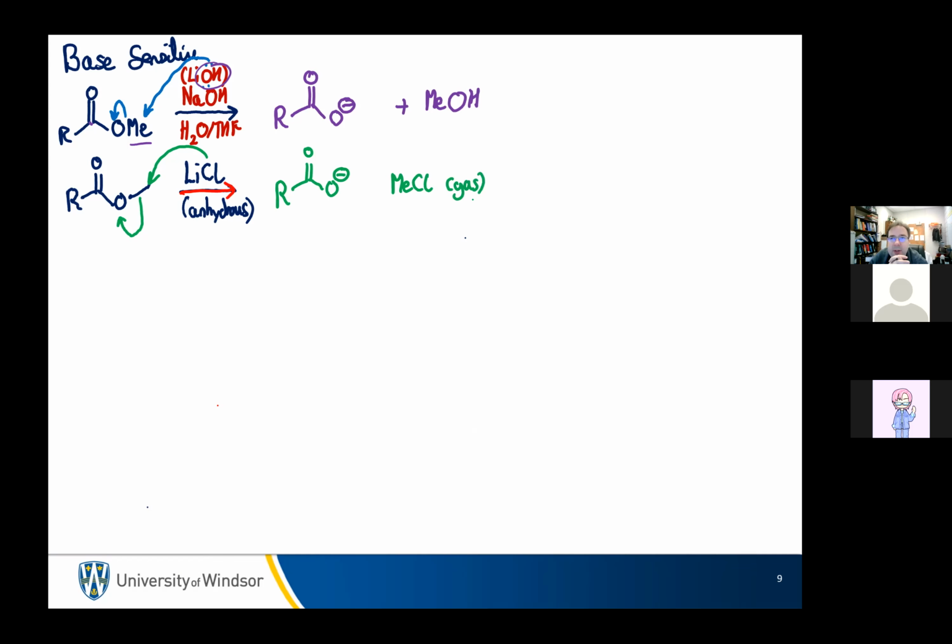So we have this gentler way of deprotecting it. I think the reason you need to drive off all the water is because the water makes hydrogen bonds with the chloride, and that attenuates its reactivity enough that it no longer reacts because it's pretty happy hydrogen bonded. So you need to make sure there's no water present. I guess that's what anhydrous means, but I just really want to emphasize that it needs to be dry.